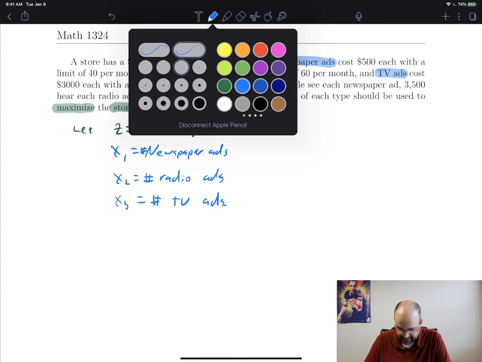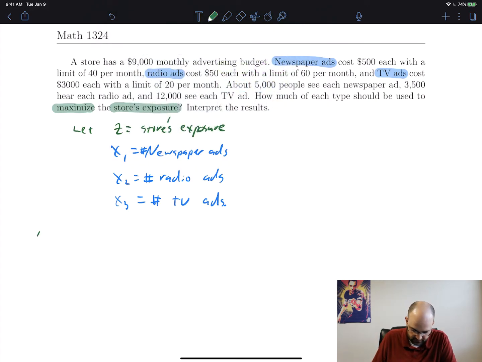So let's define what our actual objective is. We want to maximize our objective function, but what is our objective? Well, let's look through this. 5,000 people see each newspaper ad. 3,500 hear each radio ad.